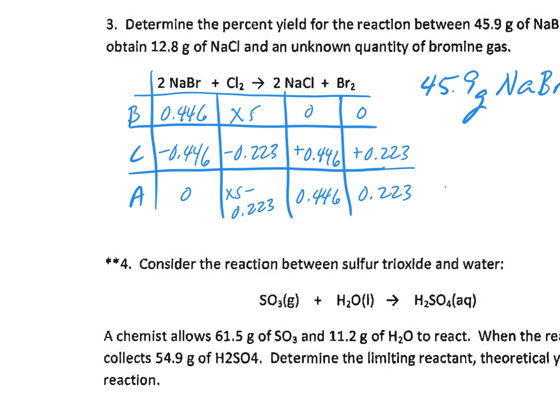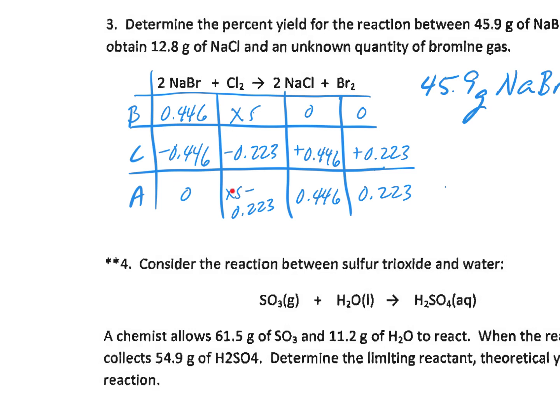That means sodium bromide is the limiting reactant, even though we did not have to determine that. So in the end, we'll have 0 sodium bromide. It will all be used up.